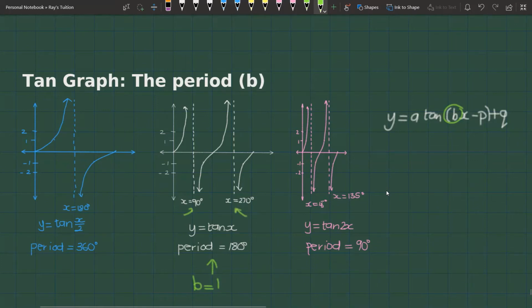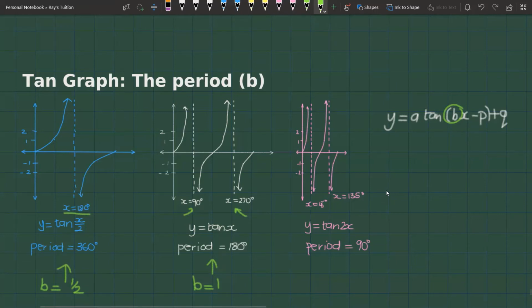Now having a look at this graph over here, y equals tan(x over 2), our b, the coefficient of x, is now a half. You can see in this graph that a full tan graph happens in 360 degrees, and we only have one asymptote from 0 to 360, and that is x equals 180.